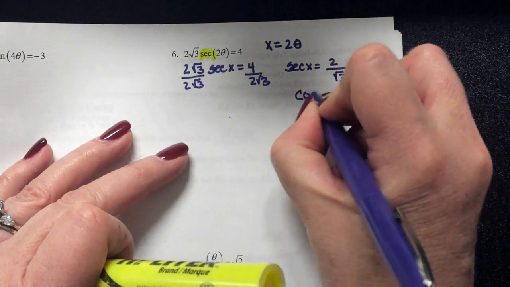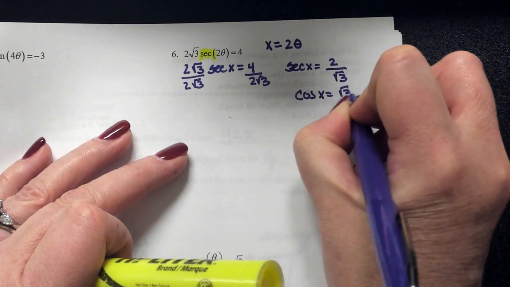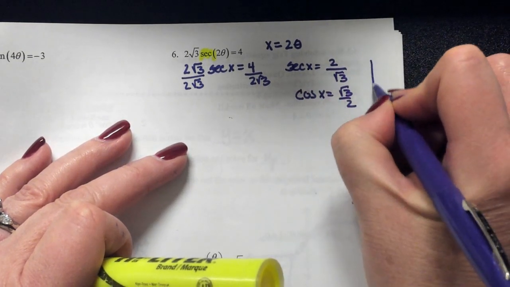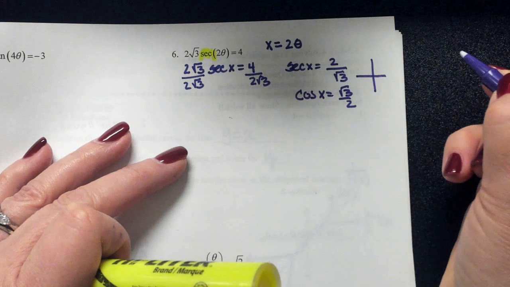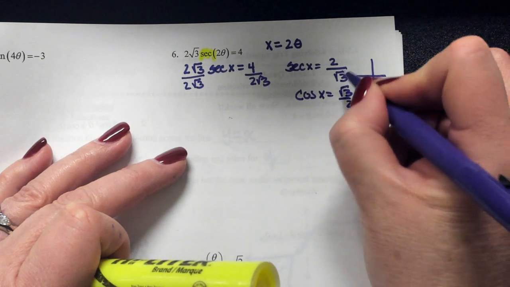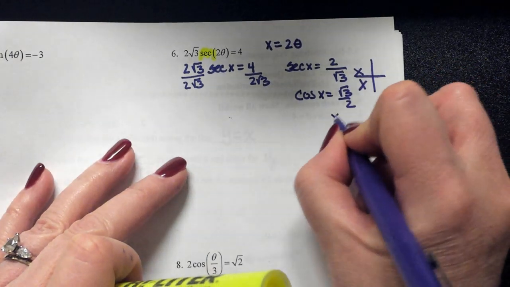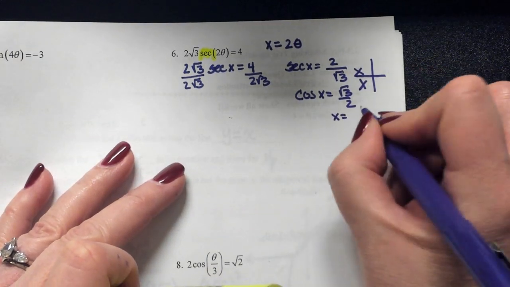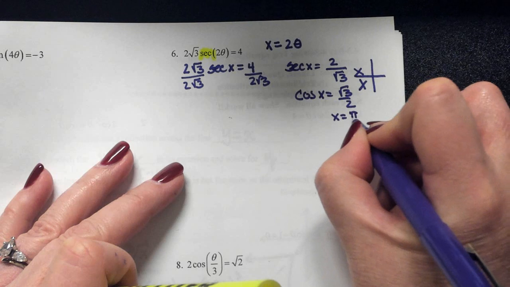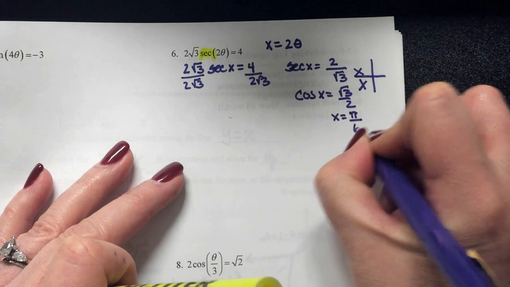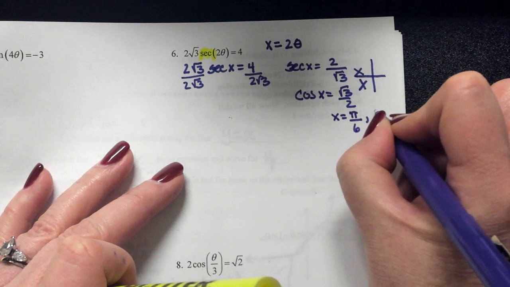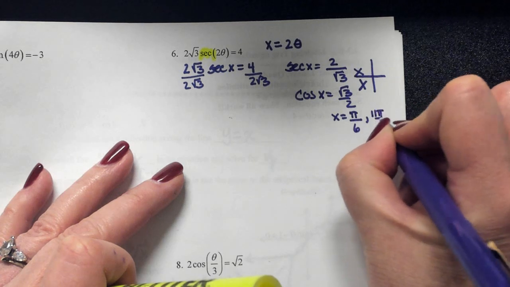So I want to know, where is cosine of x equal to square root 3 over 2? So where's cosine positive? 1 and 4. So what angles am I going to be looking at? I'm looking at the angle in quadrant 1 of what? Pi over 6. And then the one down there in quadrant 4 would be 11 pi over 6.